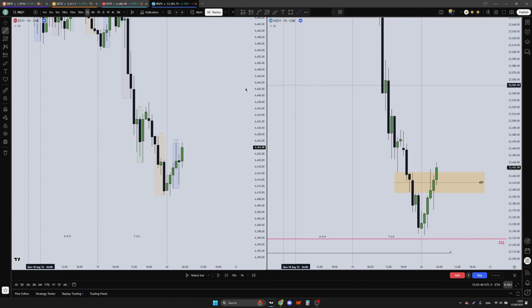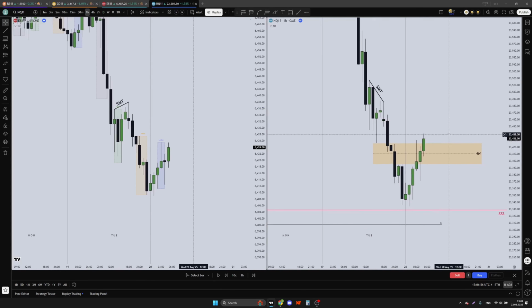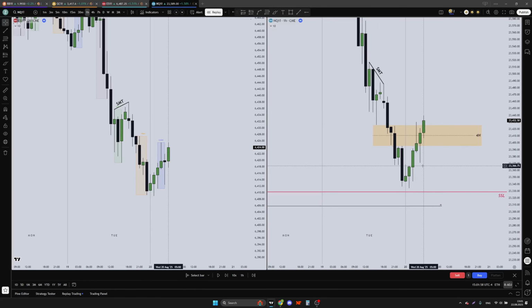And I'm showing this on ES because we do have an SMT with the ES like this, right? SMT, SMT. So I'm thinking that we have our high, we are displacing lower, and then I'm trading New York session, so we will see what's happening next.